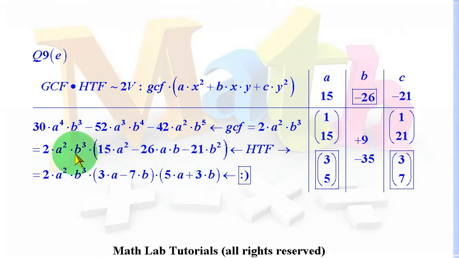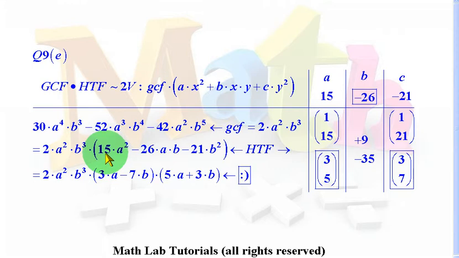So the GCF remains out front. If we look at the inside over here, we see 2 variables, and we identify this as a 2-variable quadratic. And also, the number in front of the a squared is 15, which is certainly not equal to 1. So we have an HTF problem on our hands.